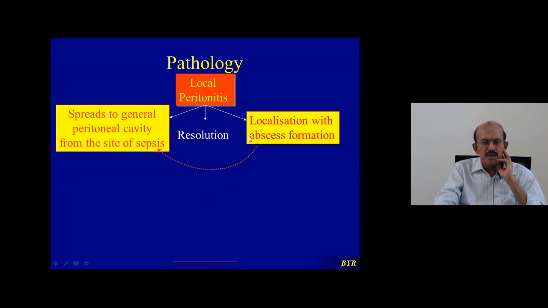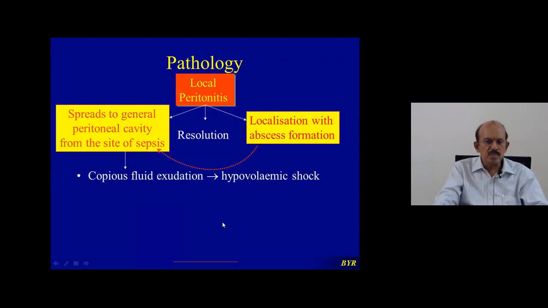The localized abscess, localized infection can also become spreading peritonitis. Whenever there is spreading general peritonitis, because of the inflammation, the peritoneum secretes copious fluid. That means a lot of fluid secretion, and it becomes a third space loss. So whenever there is third space loss, that will lead to hypovolemic shock.